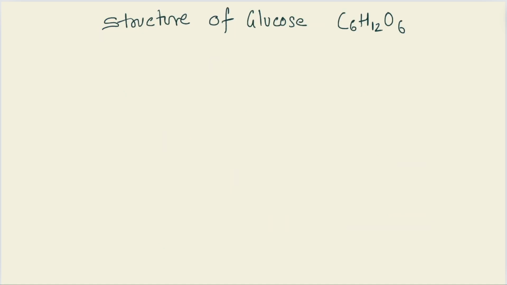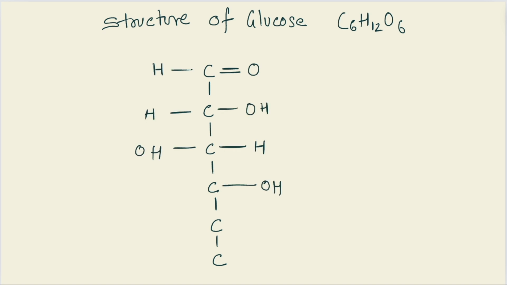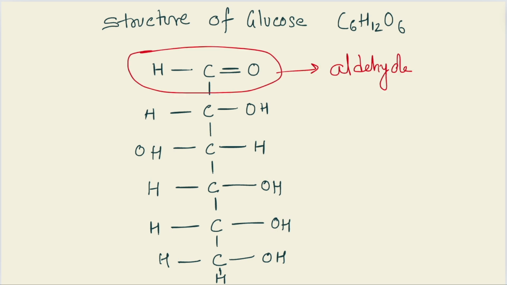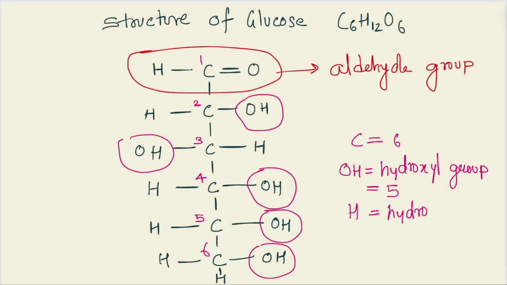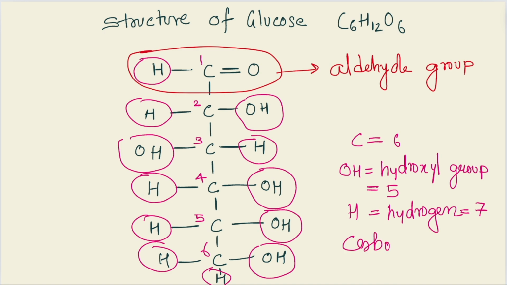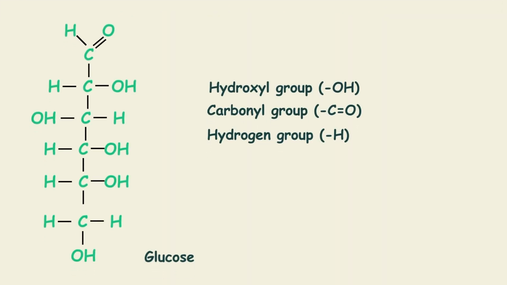Now let us see the structure of glucose in a little more detail. The glucose molecule has 6 carbon atoms with an aldehyde group. The total number of hydroxyl groups, that is OH groups, is 5. The total number of hydrogen atoms, that is H, is 7, and the total number of carbonyl groups, that is C double bond O, is 1.